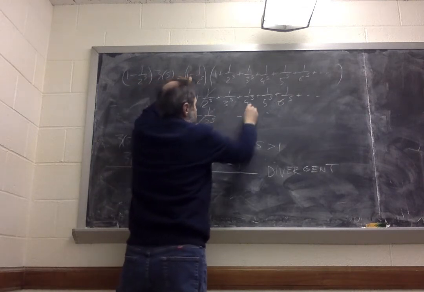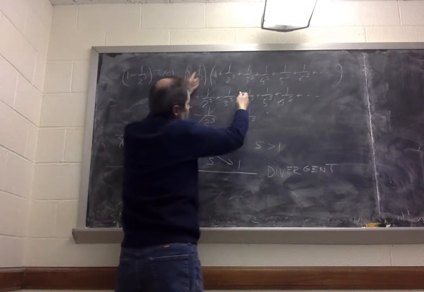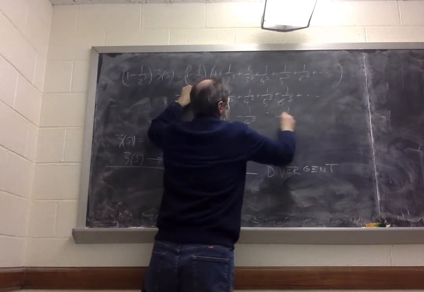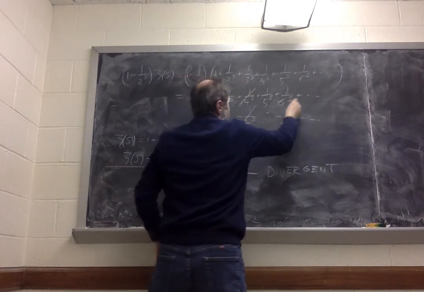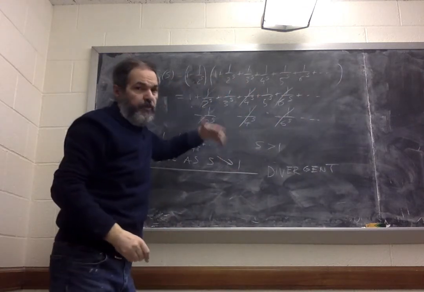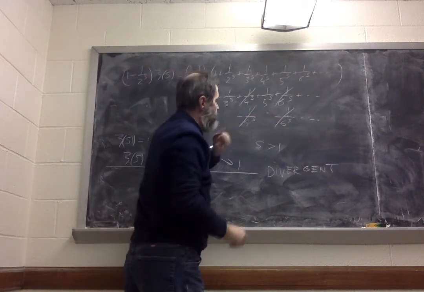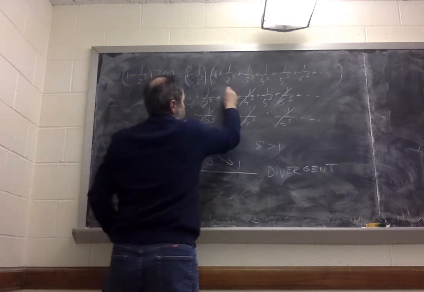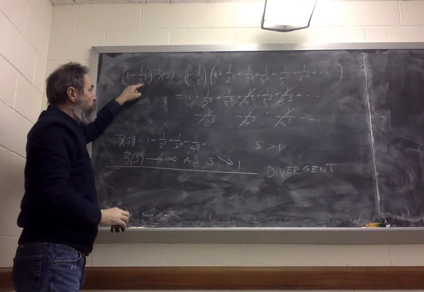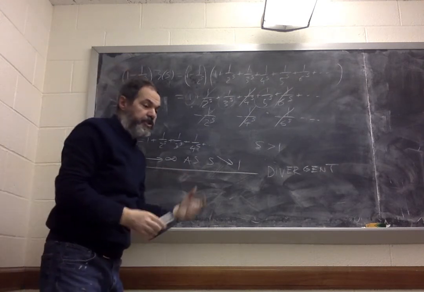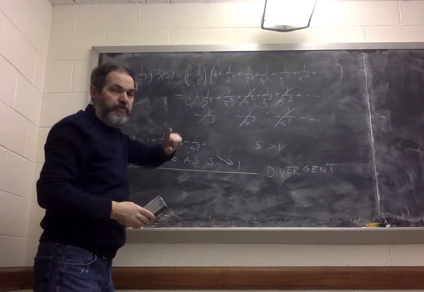Again with a minus, minus 1 over 4 to the s. Then I take the next one, multiply by this, is 1 over 6 to the s. That is 1 over 6 to the s. And so on. All these appear with minus in front of them and will cancel the corresponding terms. So we are left with just odd numbers to the same power s. Odd numbers. The conclusion is that if you take 1 minus 1 over 2 to the s and multiply by the Riemann zeta function, this simply removes all the multiples of 2 in the denominator.